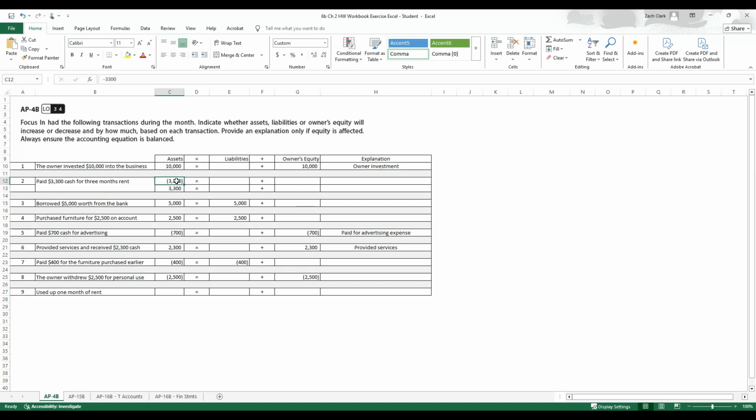So as we calculated previously, because we know it's 3 months and it was $3,300, dividing $3,300 by 3 showed us that each month is $1,100 of rent expense. So here I'm going to do a little formula just to calculate that. So I'll put equals, I'm going to click into the cell here, and then click into this little formula bar and say divided by 3.